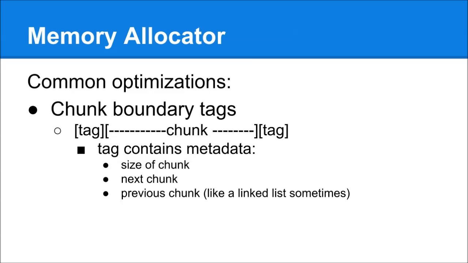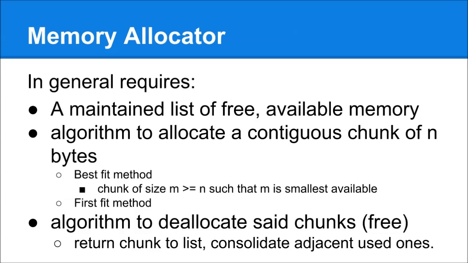So common optimization includes chunk boundary tags. It's basically metadata. Think of the free list like a list of chunks, like a linked list. One points to the next. Some of these tags can include the size of this chunk and the size of the last chunk to enable certain algorithm optimizations.